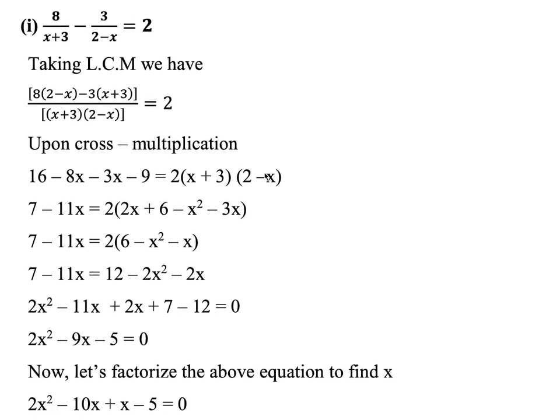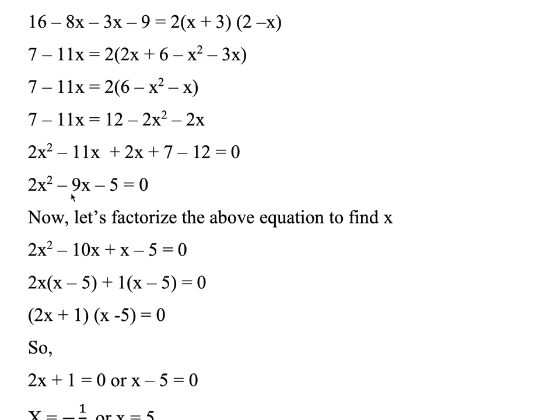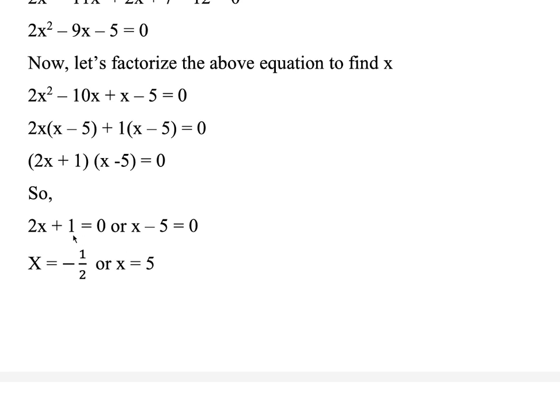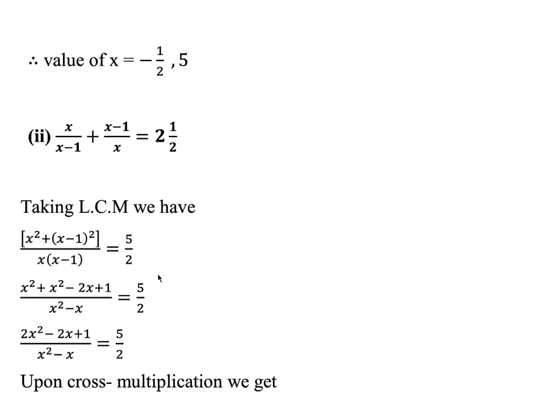After that cross multiplication, you will get 2x square minus 9x minus 5 is equal to 0. After that by the middle term factorization method, you will get (2x plus 1)(x minus 5) is equal to 0. So if 2x plus 1 is equal to 0, the value of x will be minus 1 by 2, and here the value of x will be 5.